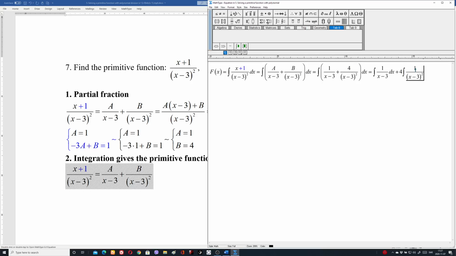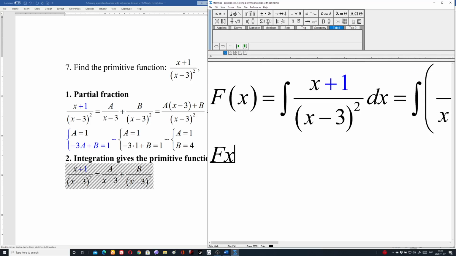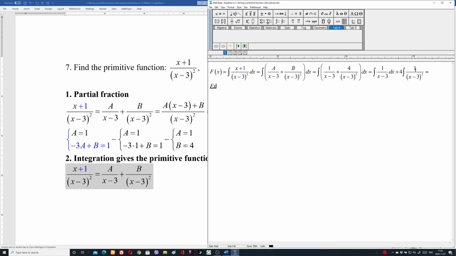Okay, and this one gives, okay, so f of x is equal, and here I have this, and I will do the substitution here.